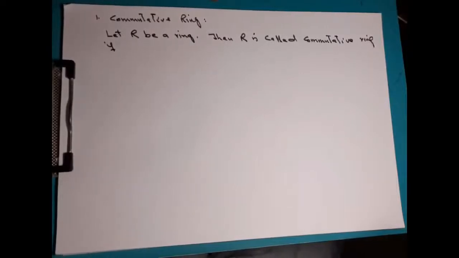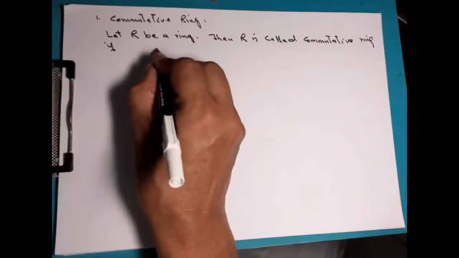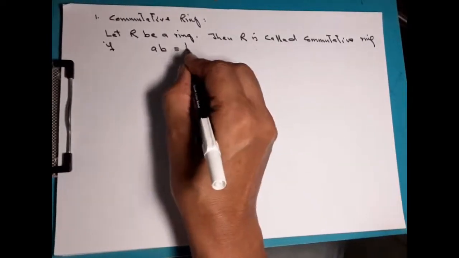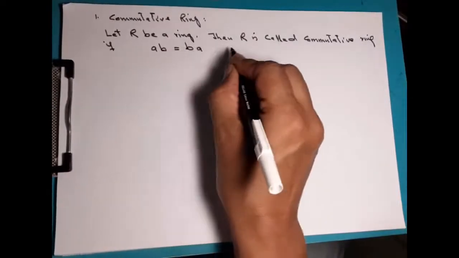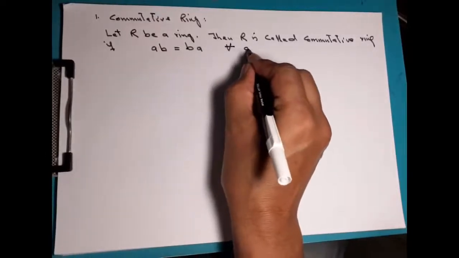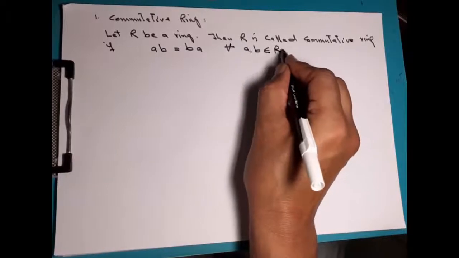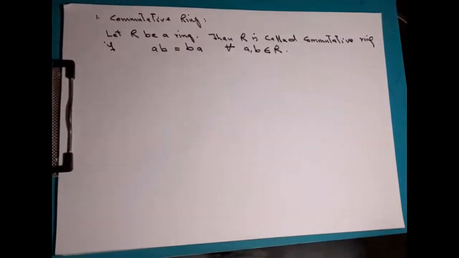But if multiplication also happens to be commutative, then the ring is called a commutative ring. So R is called a commutative ring if A multiplied with B is equal to B multiplied with A for all A, B belonging to R.